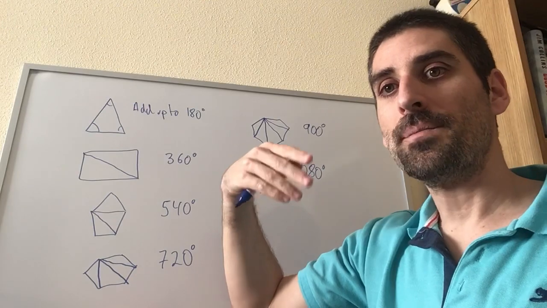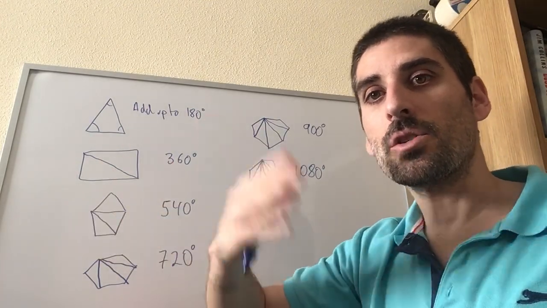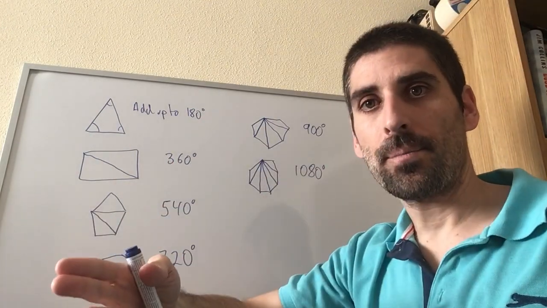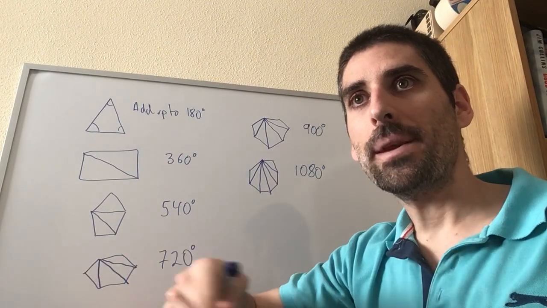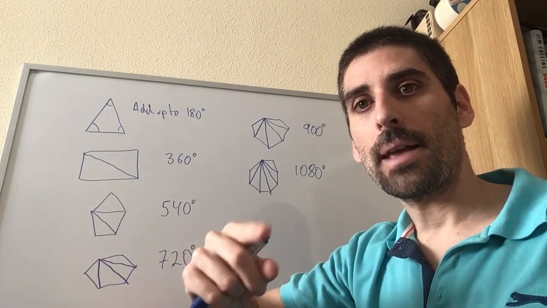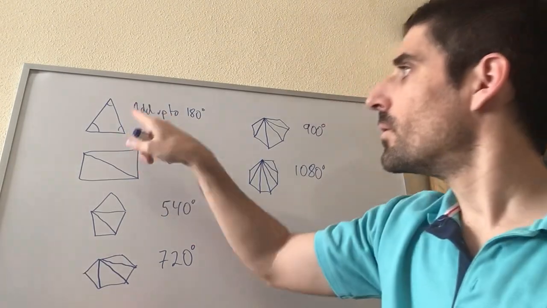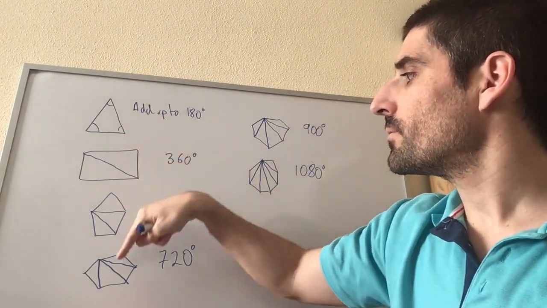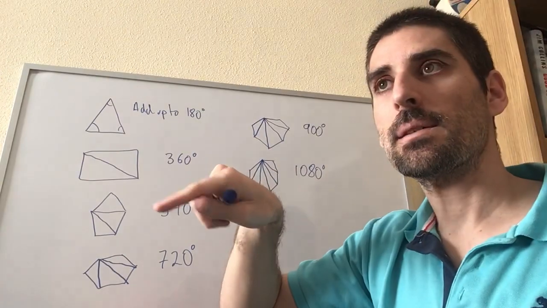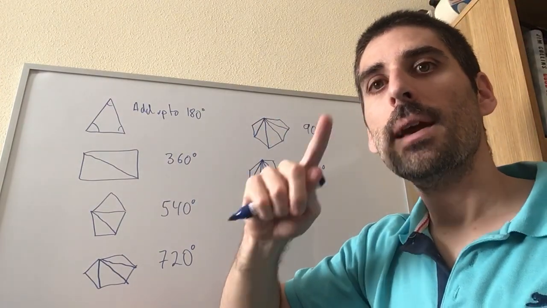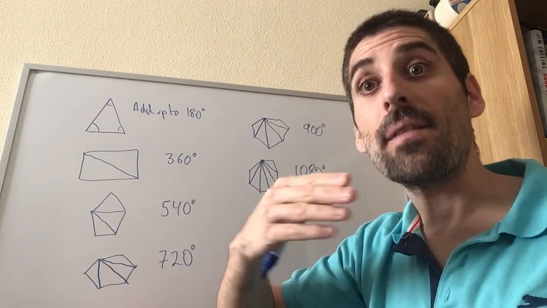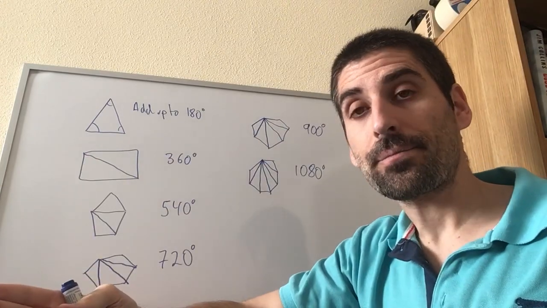An octagon, 6 triangles. So it turns out that any polygon, no matter how many sides, I can split it into how many triangles? 1, 2, 3, 4, 5, 6. What's the link? It is 2 triangles less than the number of sides.